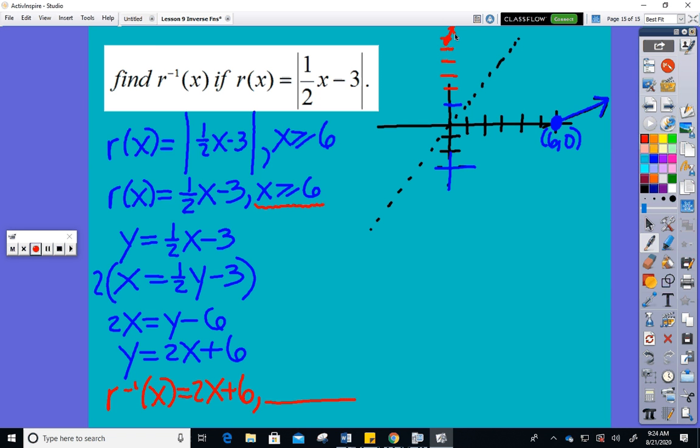That means my inverse needs to be x is greater than or equal to 0 because I'm just going from 0, 6 to the right of that. Okay, so I've got it. Those are not easy. It's new. You've not had to do that kind of thing before, but this is something that we'll increasingly be doing throughout pre-cal.